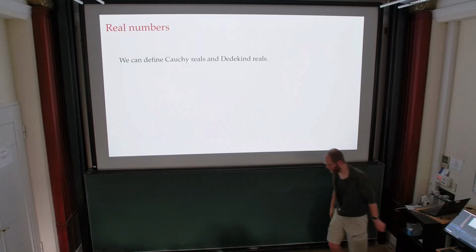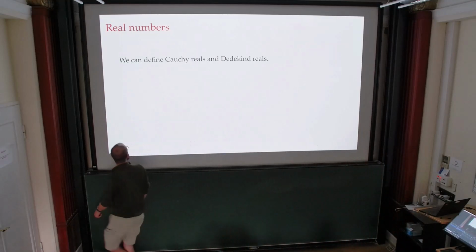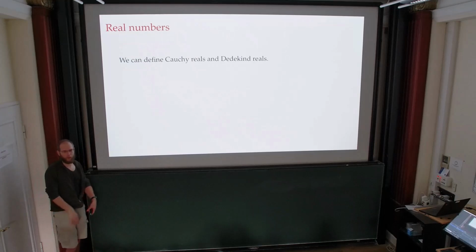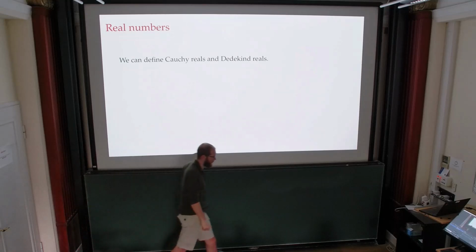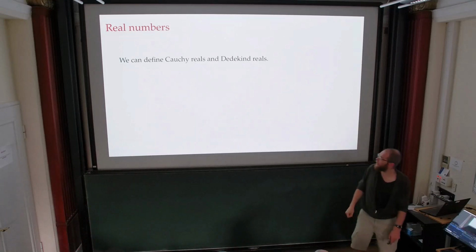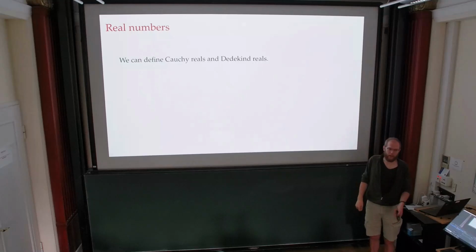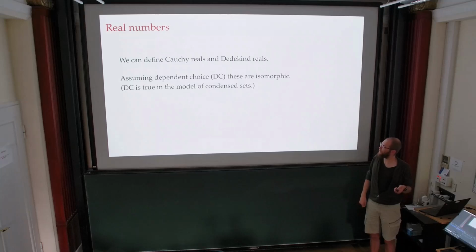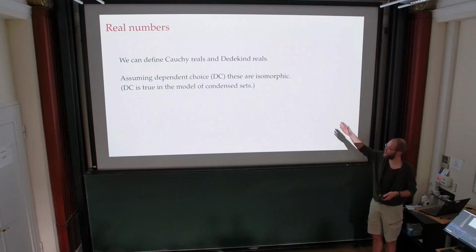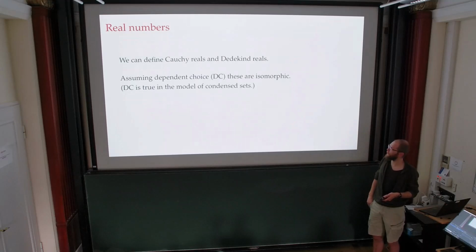Then, one little appendix about real numbers, because you can do all this general blah blah, but in the end, you claim to do some topology, so maybe you should look at real numbers. And we can define Cauchy reals and Dedekind reals, and we cannot prove that they're isomorphic with our axioms, but we can add one axiom, dependent choice, which is somehow really natural and it's true in the model, and I didn't present it to you yet previously, but it's completely innocuous to add this, and then they will be isomorphic.